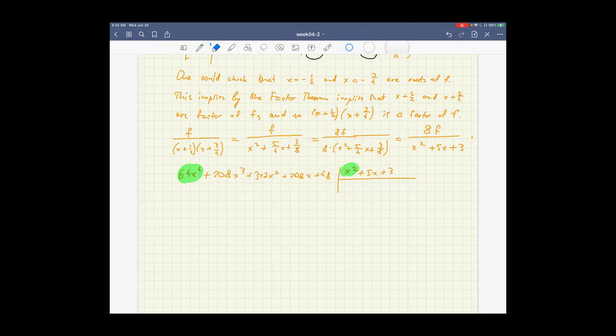I made a mistake when I was distributing this 8. The divisor should have coefficient 8 in front of x squared. Now the ratio of the leading terms is 8x squared. Oh, I totally incorrectly distributed the 8.